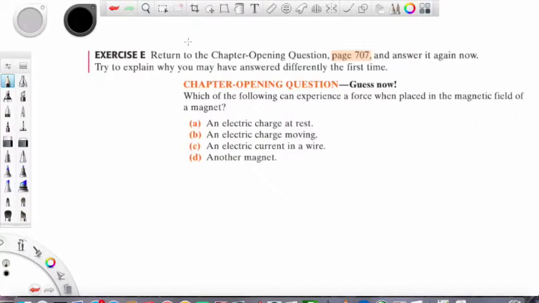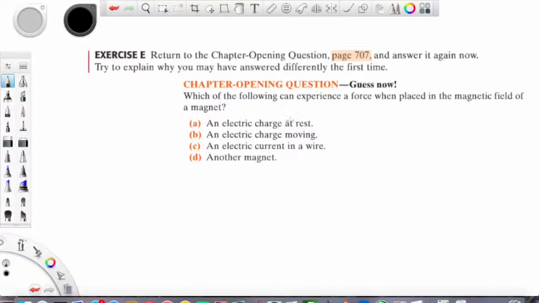Alright, exercise time. The question is, which of the following can experience a force when placed in the magnetic field of a magnet? A. An electric charge at rest.